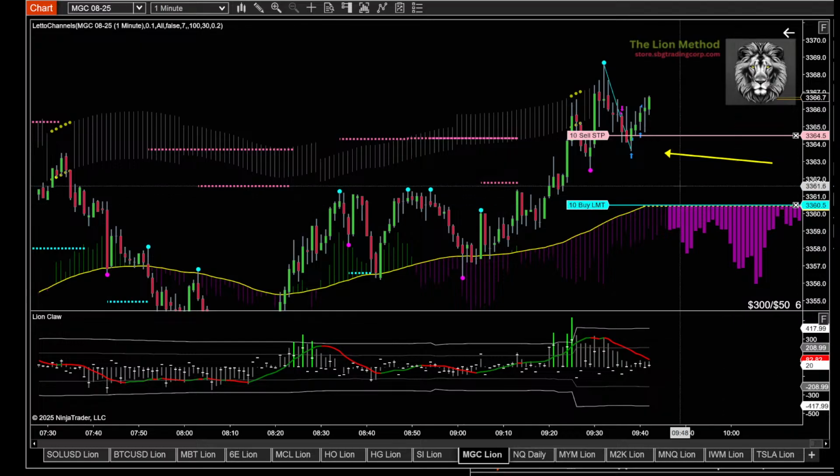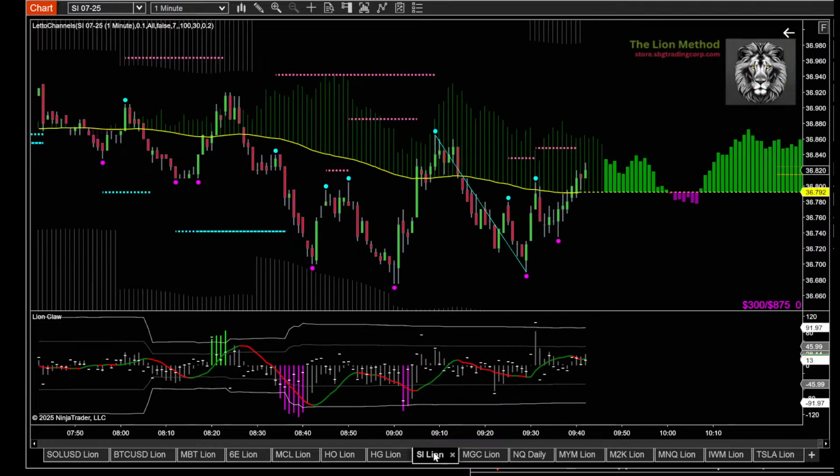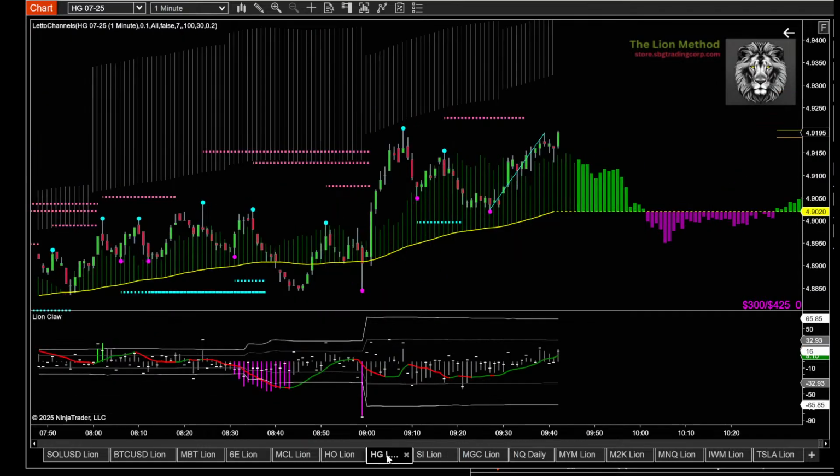I like the tendency histogram still. I like that delta is not so impressive. But we're going to scalp this today. We're going to scalp. Silver is going up. Silver and gold tend to move together. Copper can dance to its own drum.